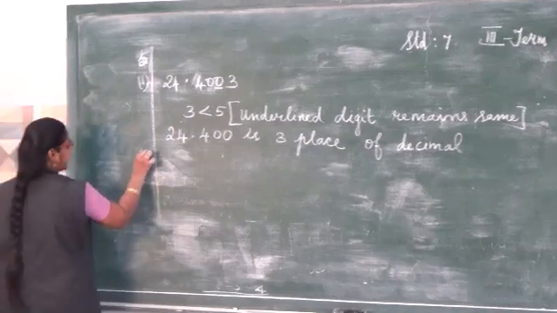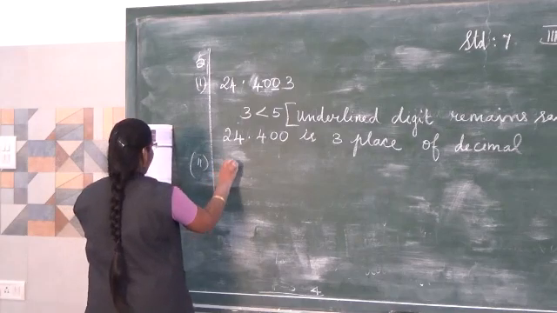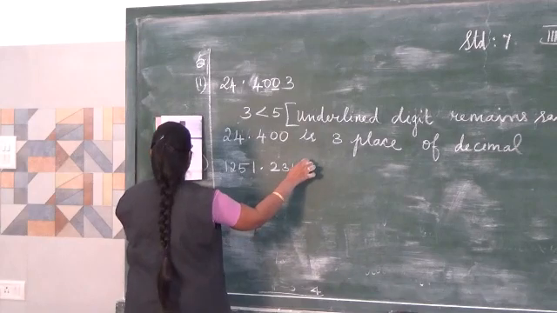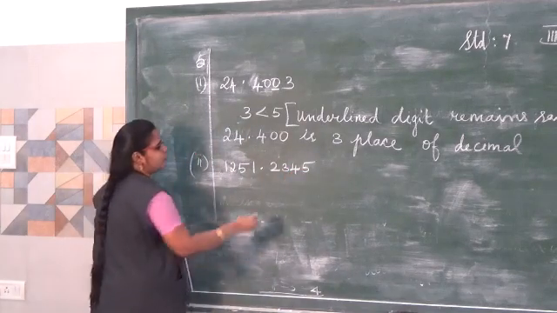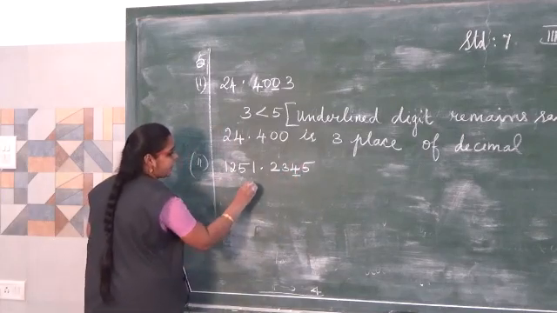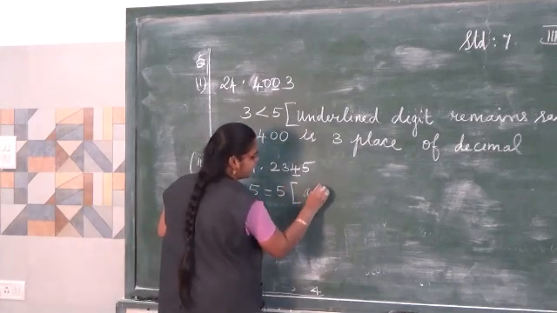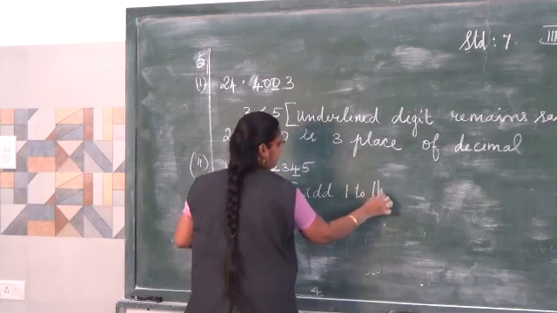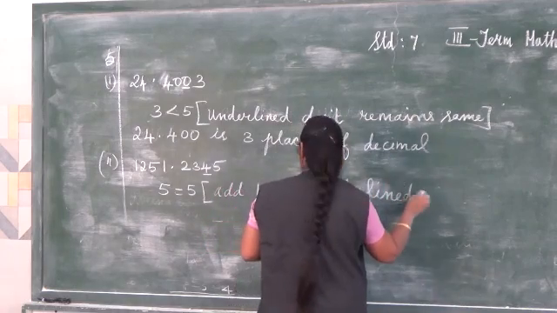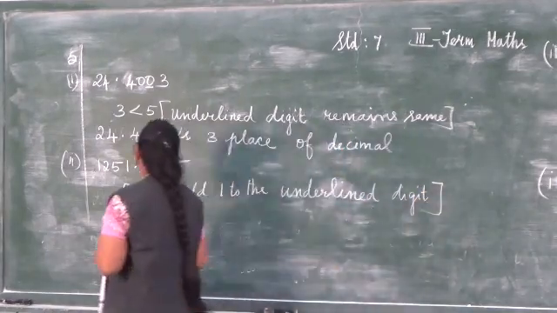The next one, the second one, here 1251.2345. Now we have to underline the 4. If you underline the 4, we have to take the 5. 5 is equal to 5, so add 1 to the underlined digit.